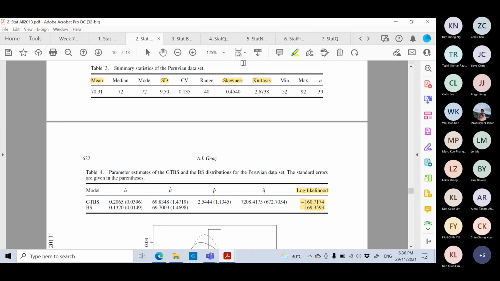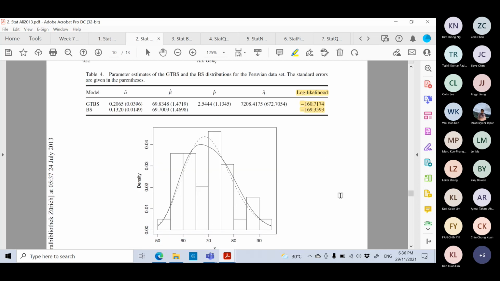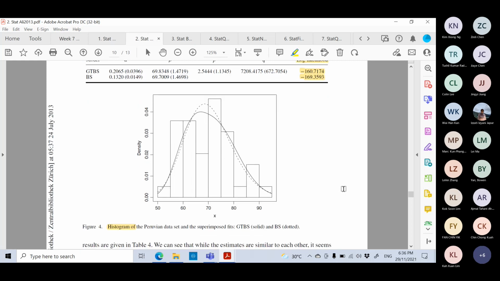Okay, so in this paper, they also carry out the likelihood ratio test. Besides that, they also show you graphically, through the histogram, how well your data fit the GTBS and the BS here.